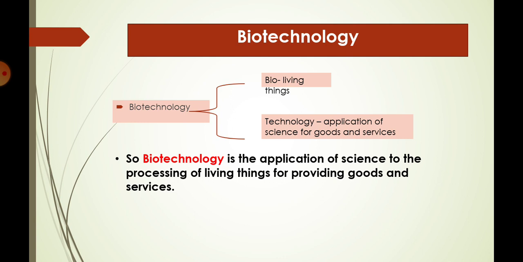That is, here we use living things, for example plants or animals or microorganisms, for making our products or goods, and for this making we apply scientific application to the living organisms, and the whole processing is called biotechnology.